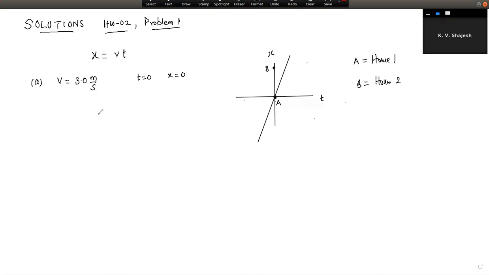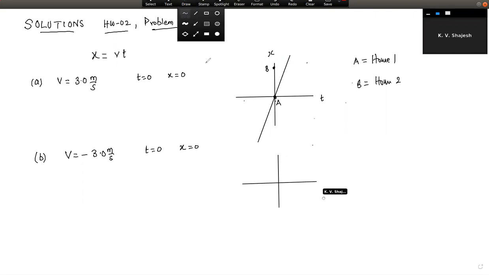How will it be different if v is equal to minus 3 meters per second? So let's consider what happens if v is equal to minus 3.0 meters per second, assuming that t is in seconds again. At t equal to 0, again we have x equal to 0. So again, let's consider a plot here. And again, since it passes through x equal to 0, surely it's a point in here.